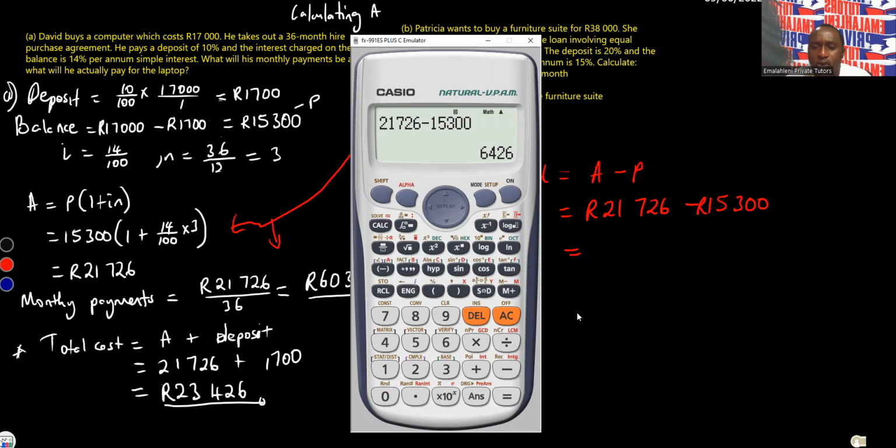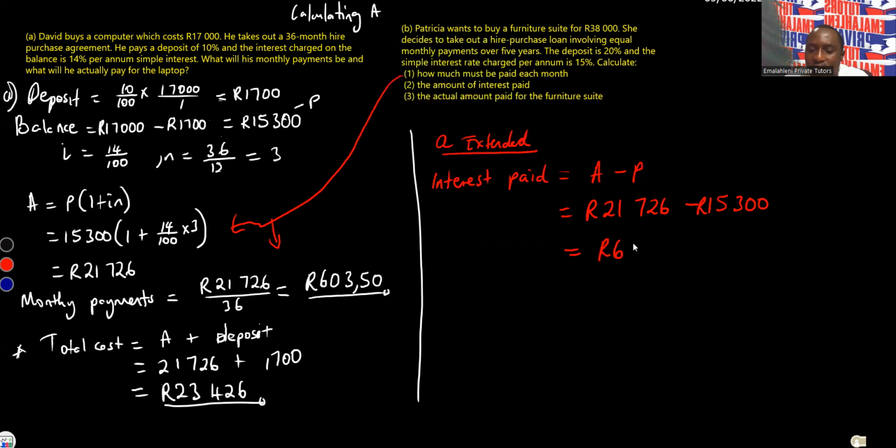What do we get there? We get 6,426. So this is the interest that was paid. You must always understand. So here I'm just doing this for you to understand how you should answer this type of question.